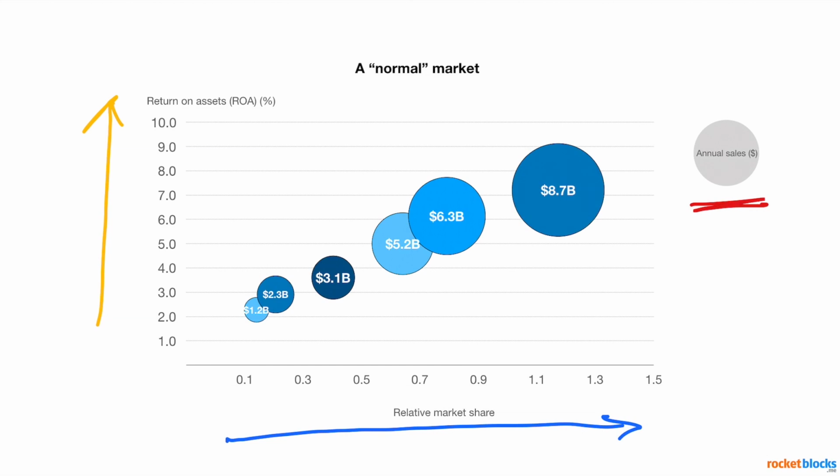So for example, if we take this company in the upper right here, let's call this company A. This company has an RMS of around 1.2, and they've got a return on assets of about 7% roughly, and then we know that they do about 8.7 billion in annual sales. So that's how you can actually read a relative market share chart.